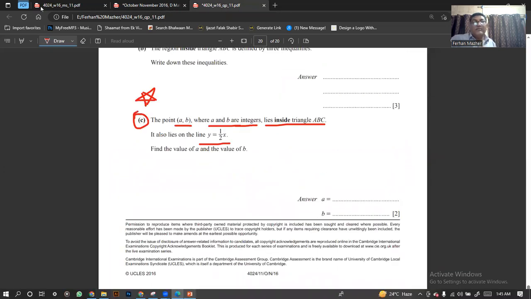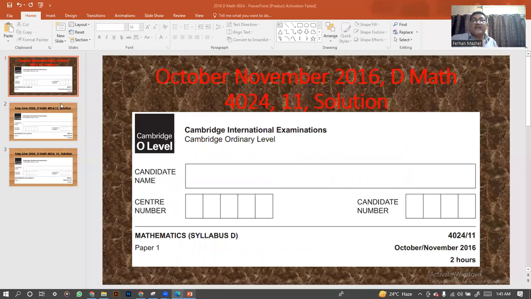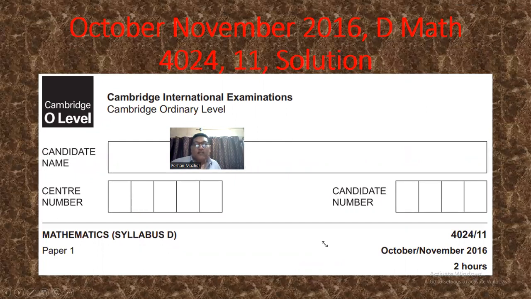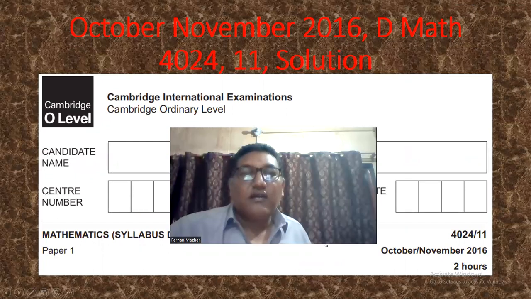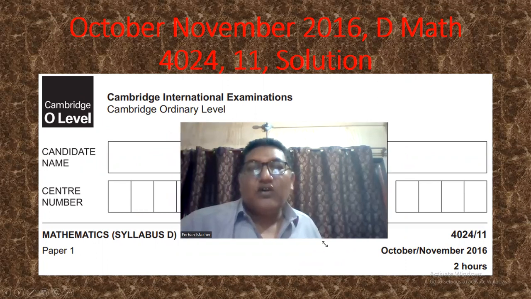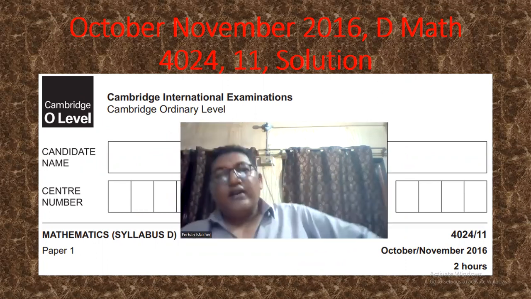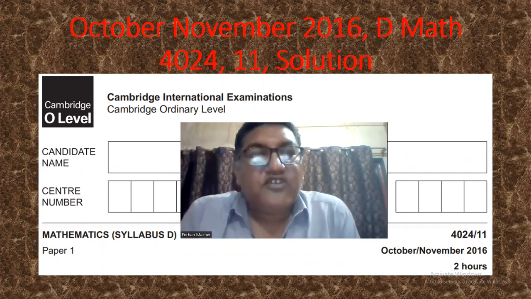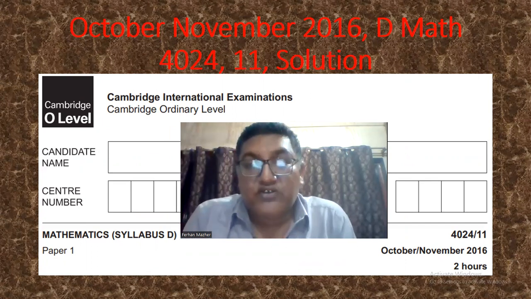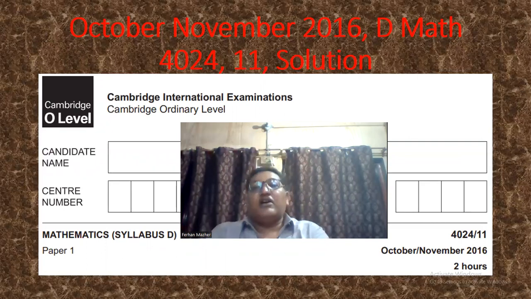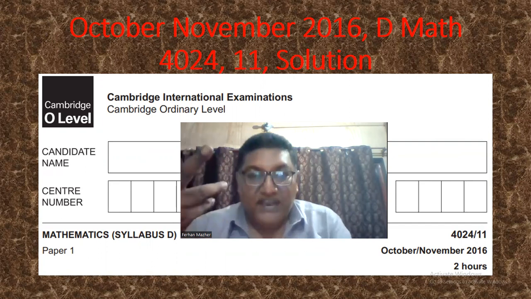So my dear students, today in this video, we have done how many questions? There were 24 questions in this paper, and we have done all of them. This was the October/November 2016 paper 1, from zone 1 or variant 1.